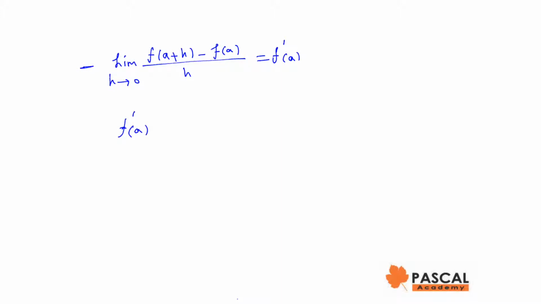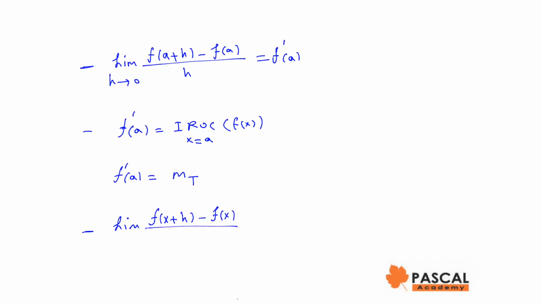The derivative of a function at the given point is the instantaneous rate of change of the function at that point, and geometrically it is the slope of the tangent line to the graph of the function at the point. The limit of f of x plus h minus f of x over h as h approaches 0 is the derivative of f of x.